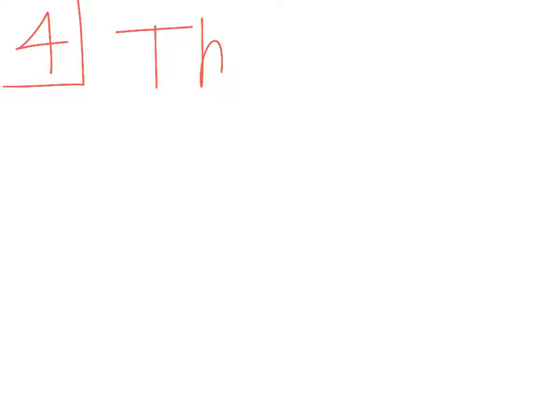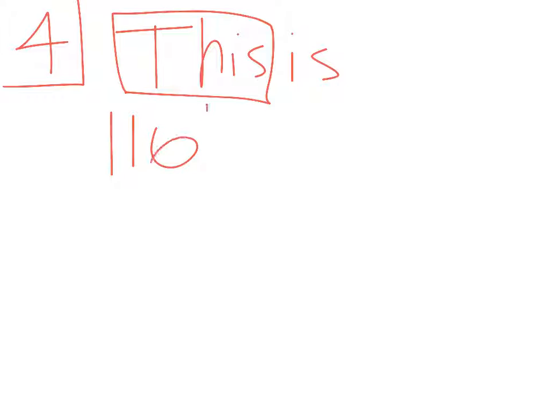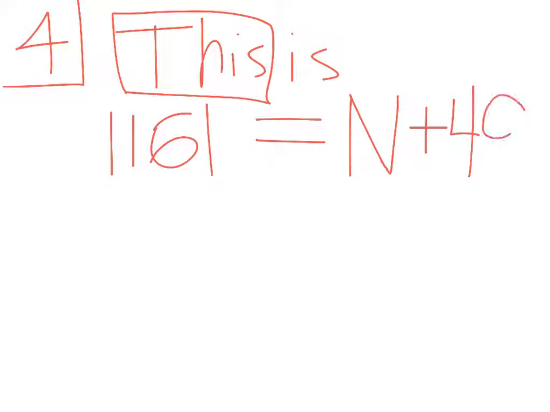So that's the part I want us to focus on. This is referring to the number they just gave you. And then is means equals, and it says that it's 49 miles longer than the northern route. So to be longer than the northern route would be the northern route plus 49 miles. So if we're finding the distance of the northern route, this is the equation that helps us solve that.